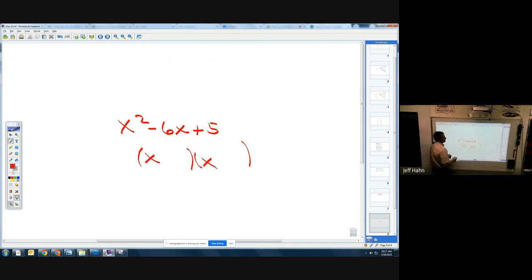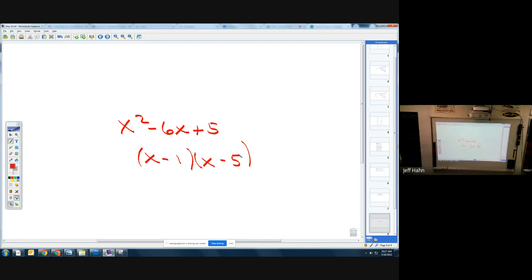X and x. What times what gives you 5 when multiplied and when added together gives you -6? -1 and -6, right? I believe it's -1 and -5. But that's okay. All right, now, stop.